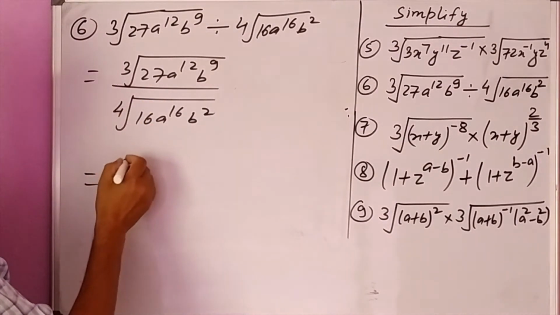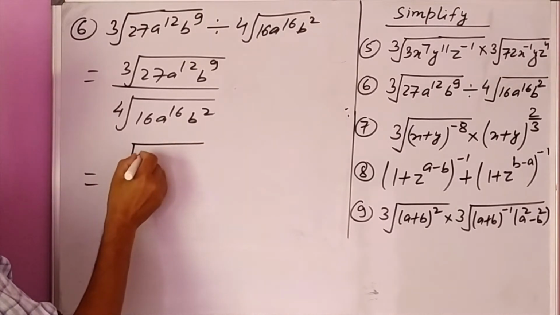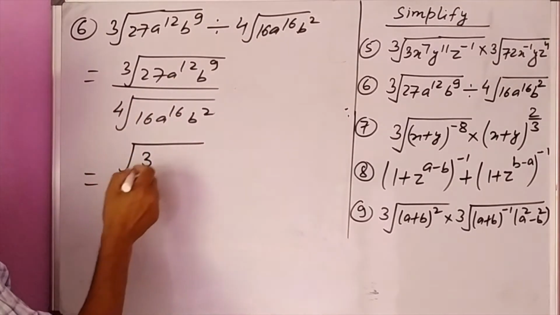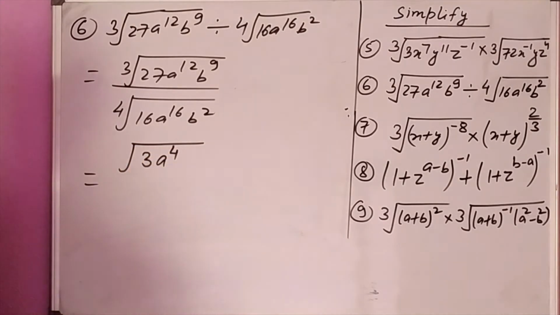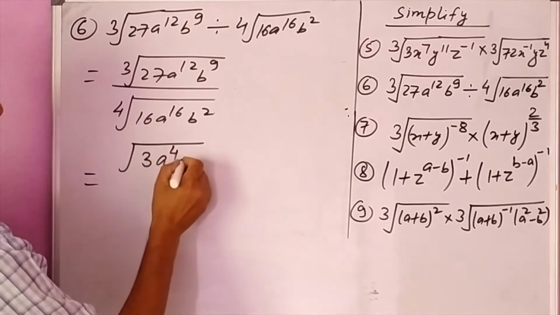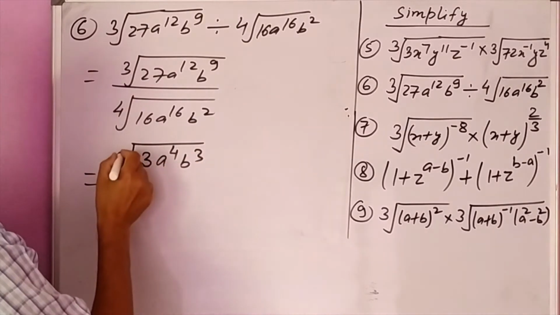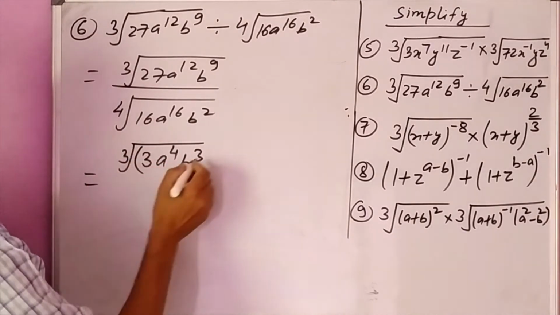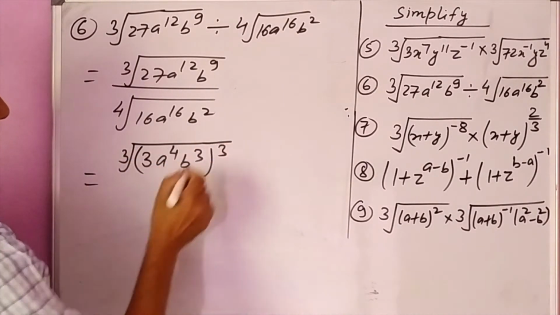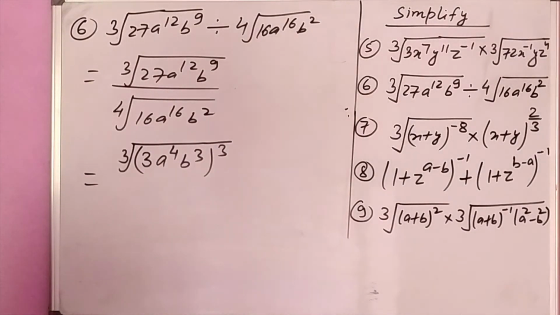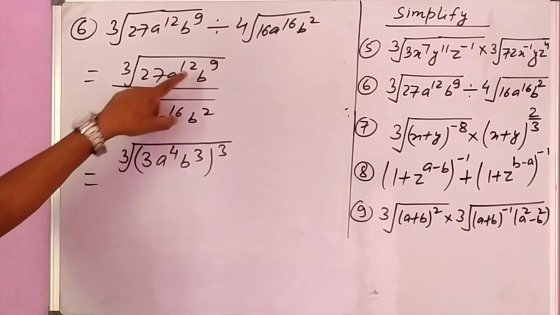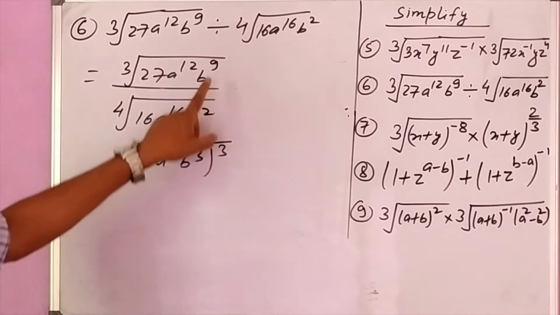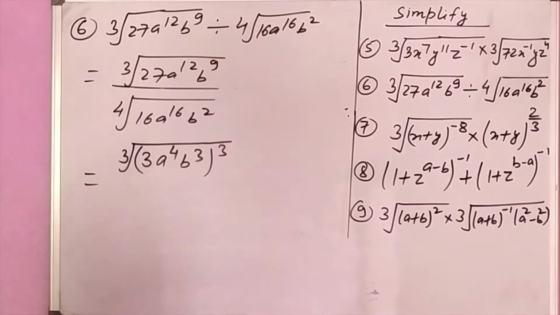So 27 it is the cube of 3, a power 12 it is a power 4 cube, and b power 9 it is b cube. This can be written like this, the numerator only. 27 is 3 cube, a power 12 is a power 4 whole cube, and b power 9 it is b cube whole cube.